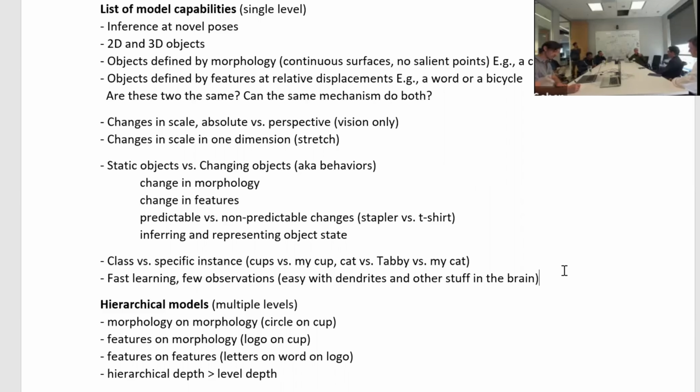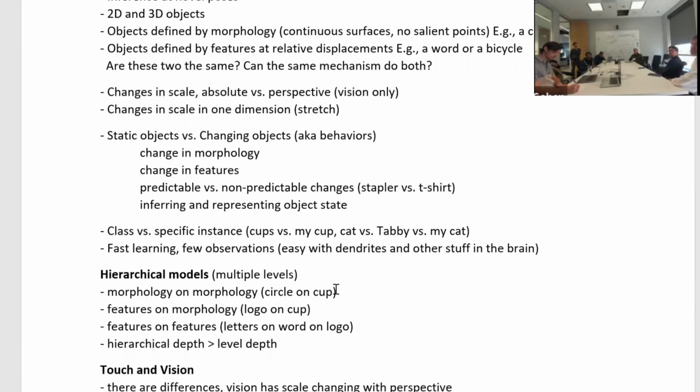Already I can start seeing there are differences between them, and it's important to understand that the core components of model building can't rely on what vision has versus what touch has. The core components have to be the same in both cases. That makes sense? Yes. Yeah.